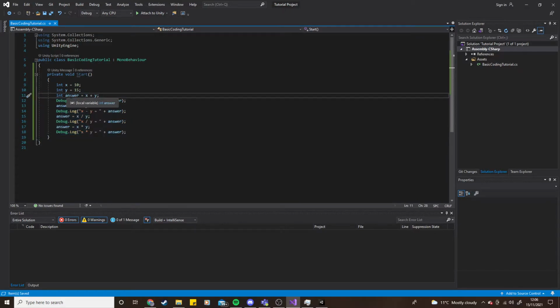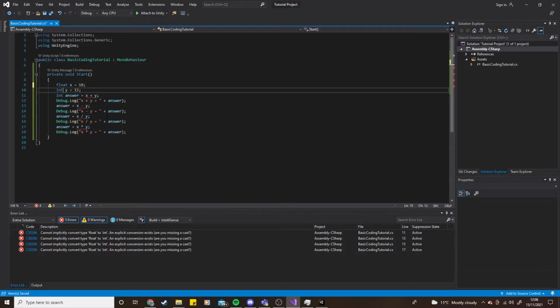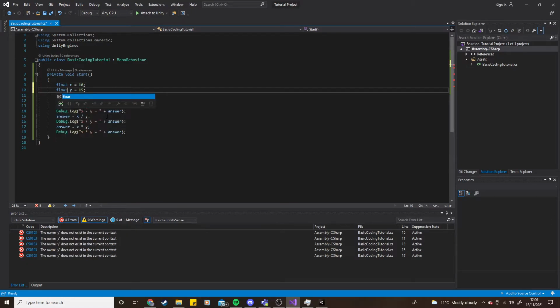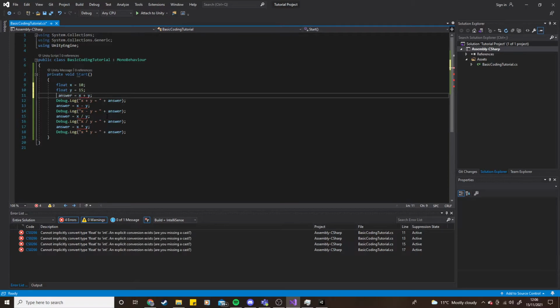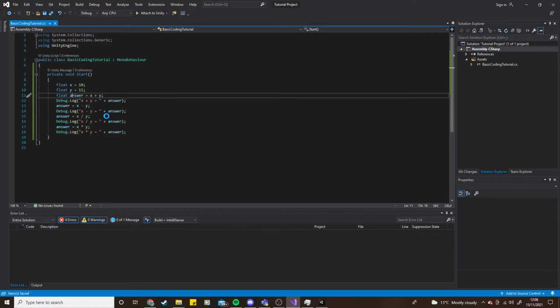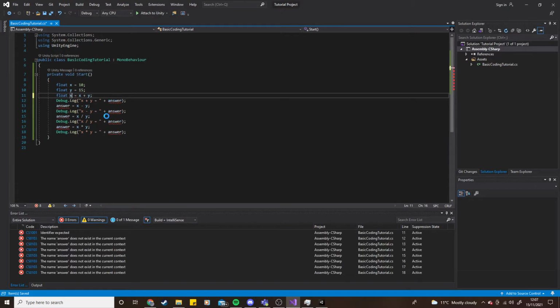Let's do instead now, and in fact, let's change all these over to float, float, float. And in fact, instead of doing answer now, we don't need answer, we're just going to say x plus equals y.